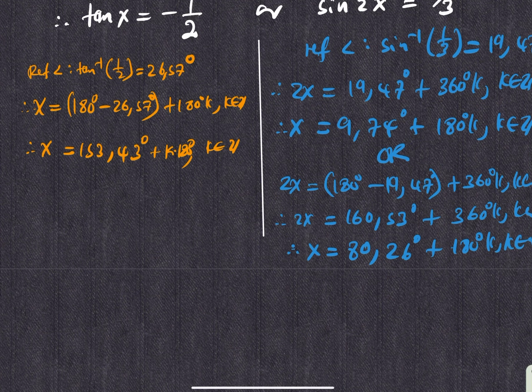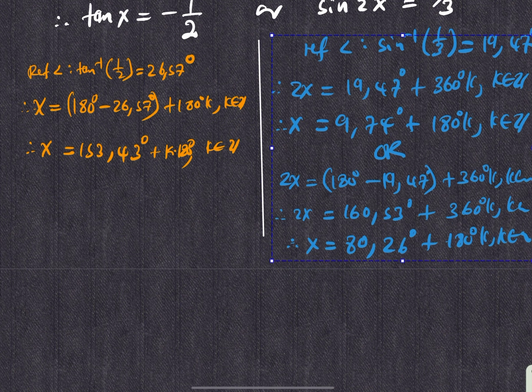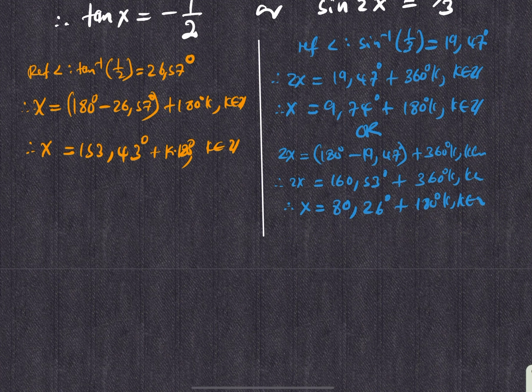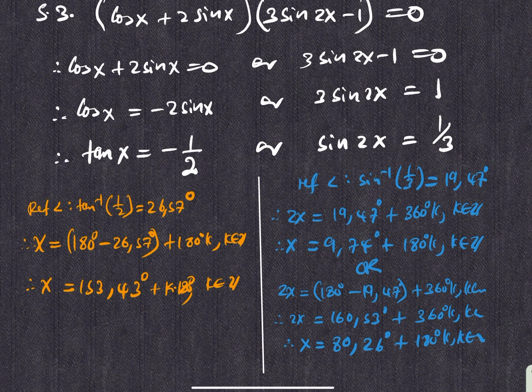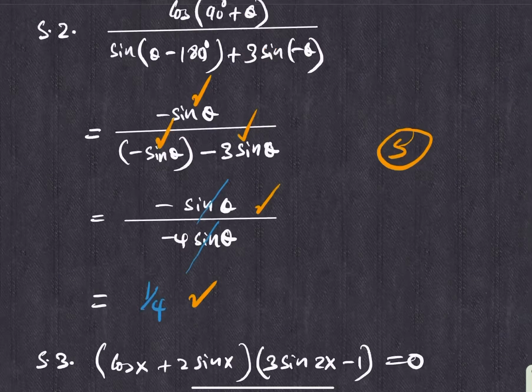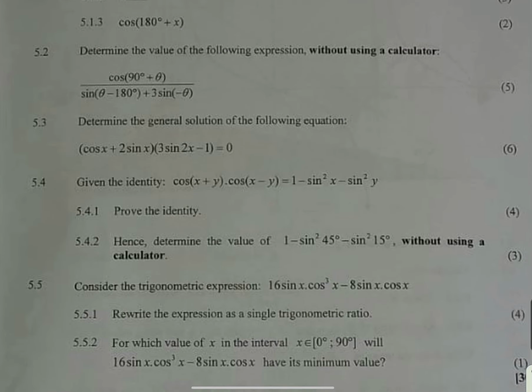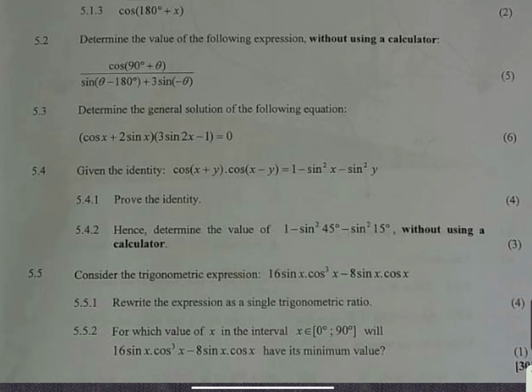So this is how far you will go with the general solution of this problem. How many marks was this situation? This was 6 marks. Okay, so that is really easy.